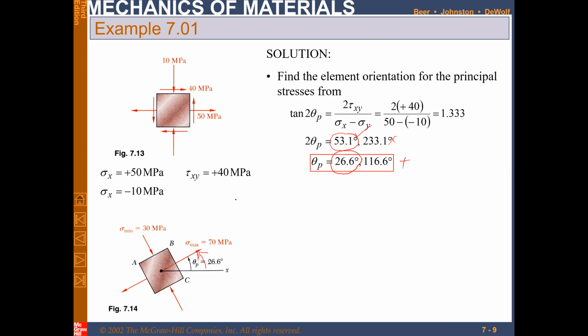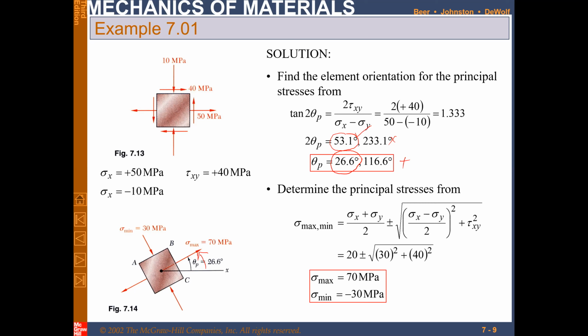You calculate sigma max using the same expression, sigma average plus or minus R, right? So the sigma max and sigma min values are 70 megapascal and minus 30 megapascal. Now it is minus 30 megapascal, so it is a compressive load and the other is a tensile load. And tau xy will be equal to 0, since these are the principal stress values, right?